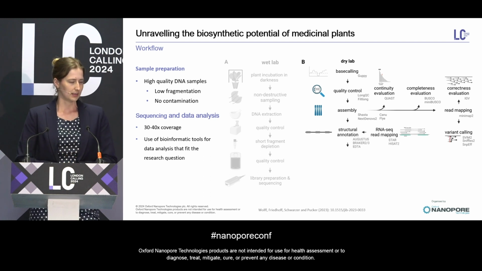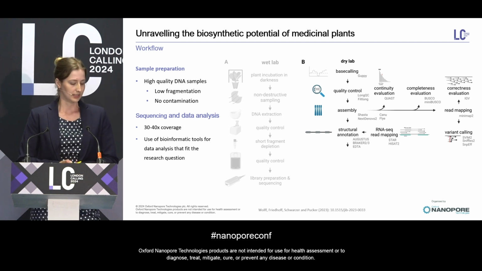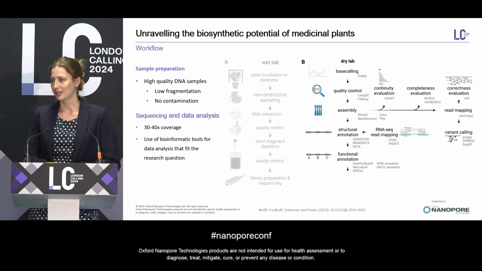And once the assembly is completed, we do the structural annotation. And for our structural annotations, we also like to use RNA sequencing data if it is available, just to make sure that it's as complete as possible. And then for the functional annotation, it's kind of the same thing. So the tool we are using depends on the question we are asking.